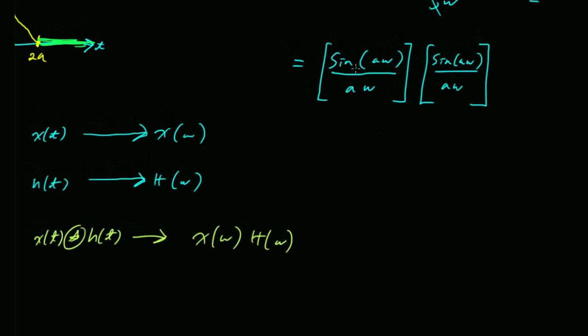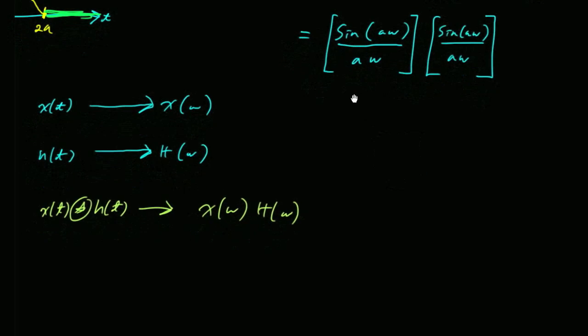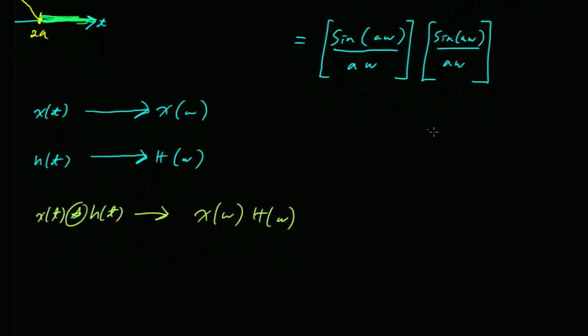Yeah, absolutely, right? I took a rectangle, we gave it area of 1, right? So the rectangle was sine of a omega over a omega. I convolved it with itself.